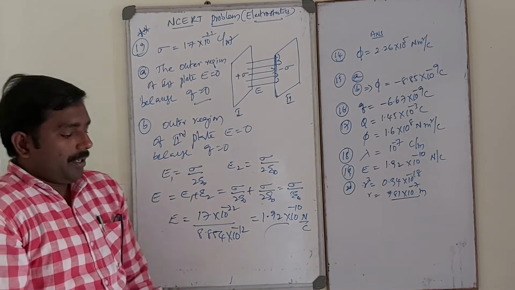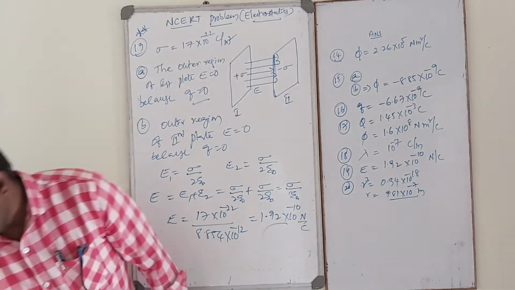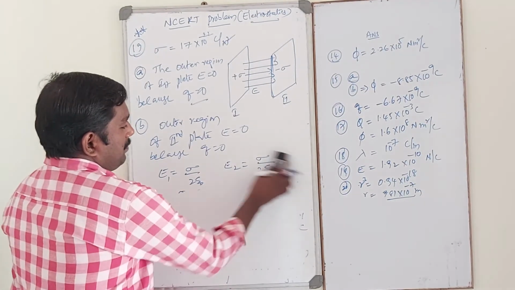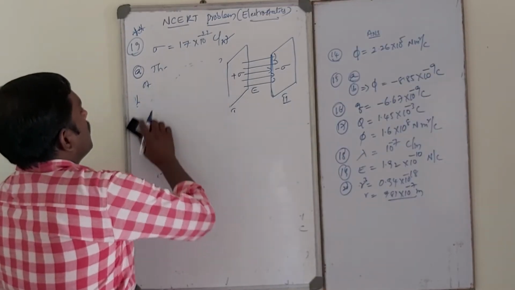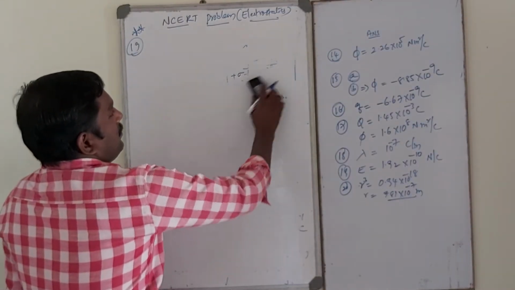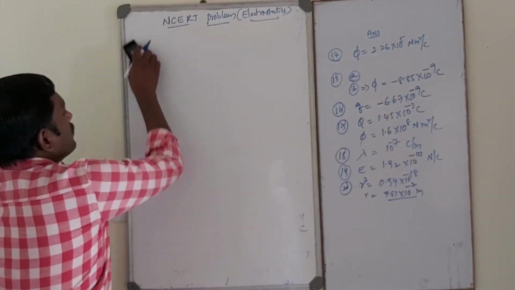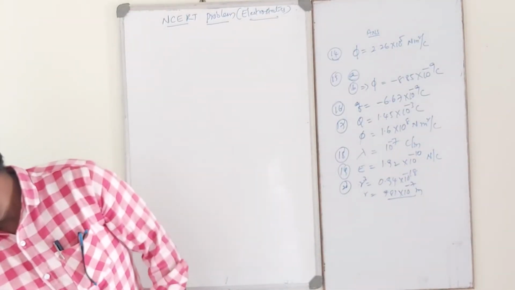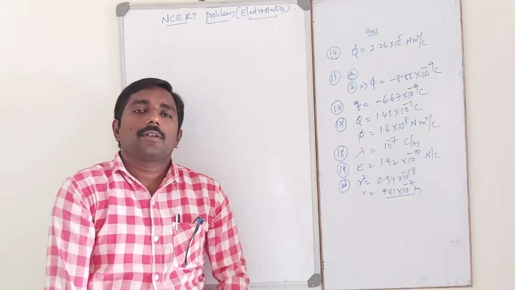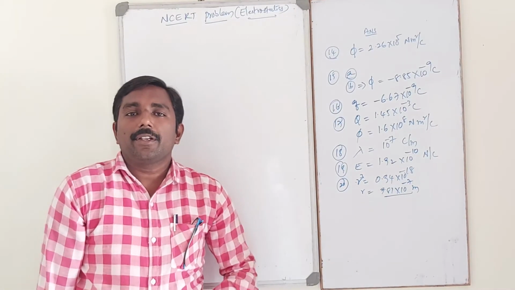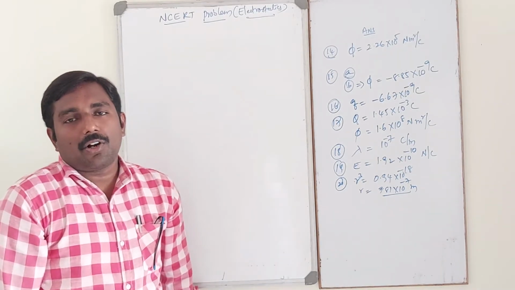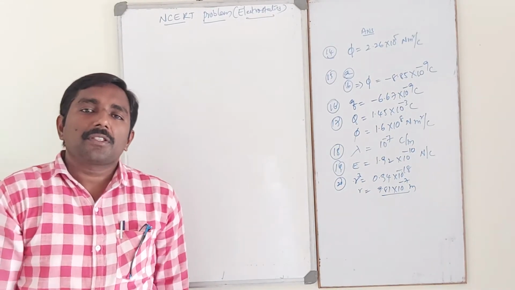Okay, students. Next, the 20th problem. So an oil drop, the Millikan oil drop method. Millikan is the name of a scientist. The charge of the electron was discovered by Millikan from his famous oil drop method.